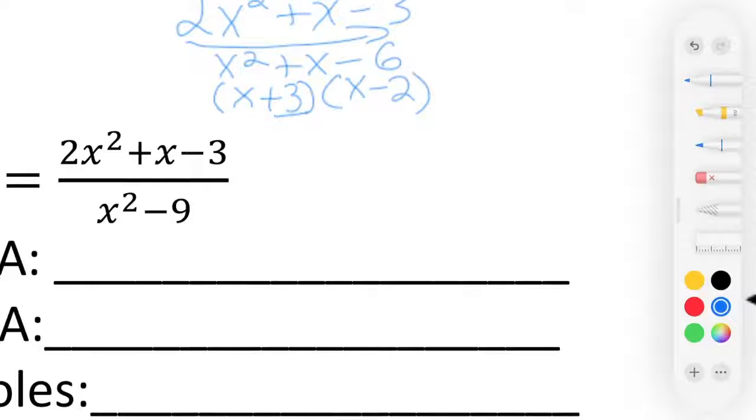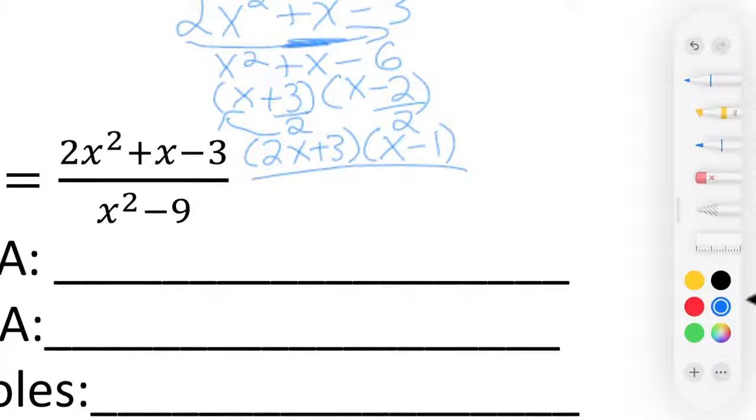Remember to divide, so we slid up here, we need to divide down here, so divide by what we slid by. So 3 divided by 2 cannot simplify, so we have to slide the 2 in front. So we have 2x plus 3 times, we can simplify the 2 divided by 2, which is 1. So x minus 1. So that is our new numerator.